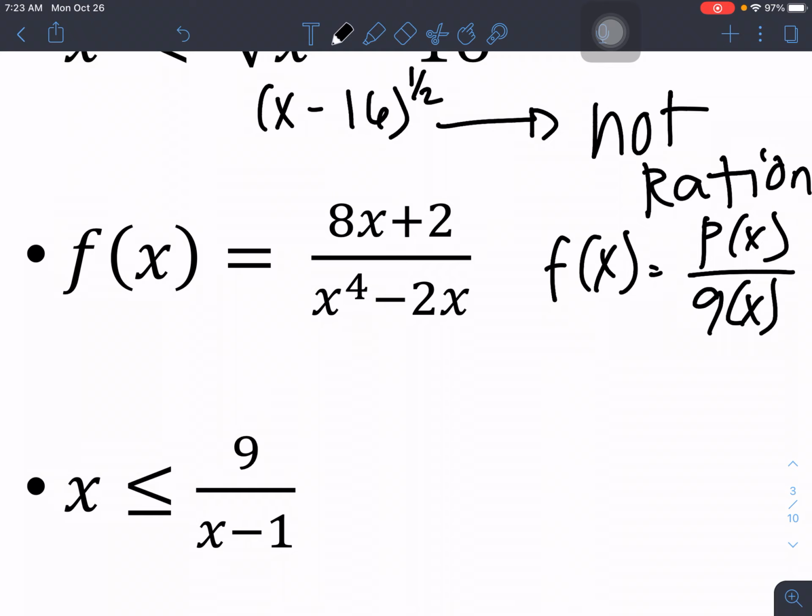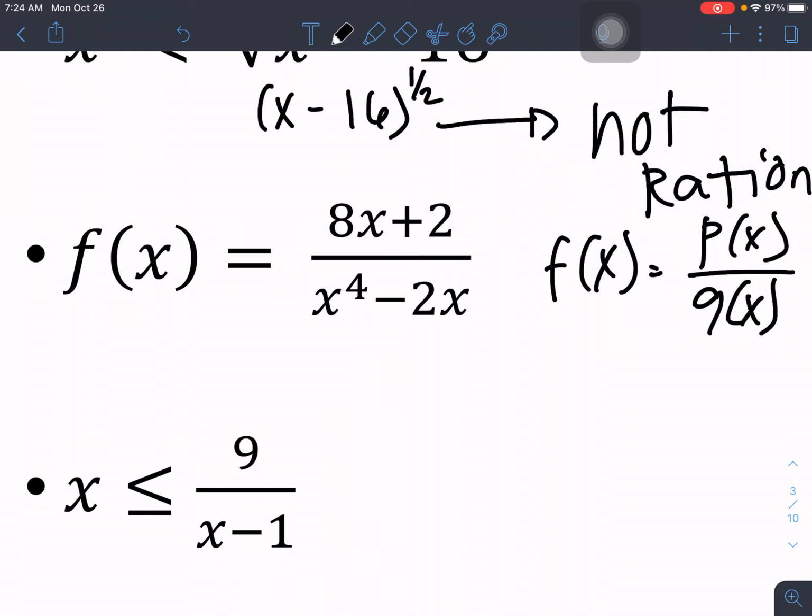We should just check the conditions of a rational function: q of x is not equal to 0 and both expressions are polynomials. Since q of x is obviously not equal to 0, we should check next if each expression is a polynomial.